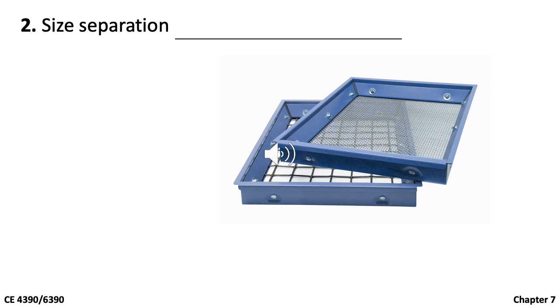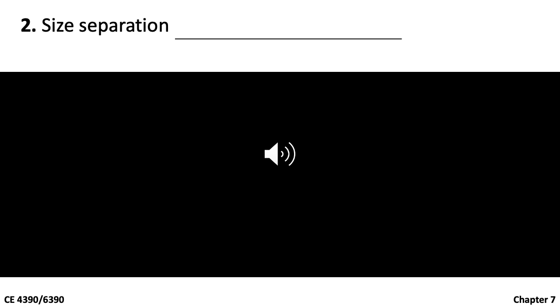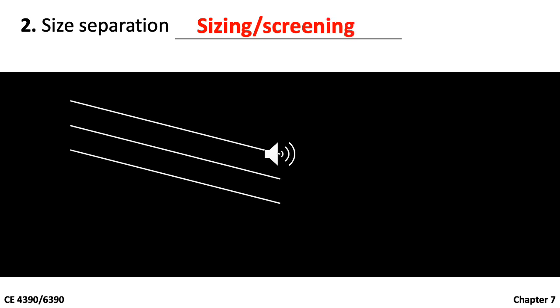Size separation is another main purpose of aggregate production. Aggregate is typically a mixture of materials with different sizes. They will be separated through sizing, which is also known as a screening process. For sizing purposes, the aggregate mixture goes through a system with multiple layers of screens.